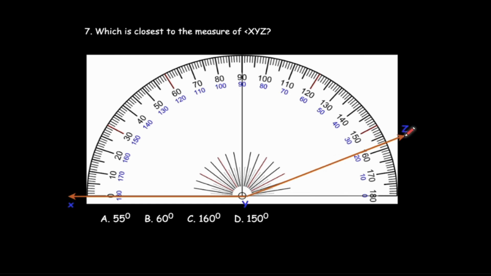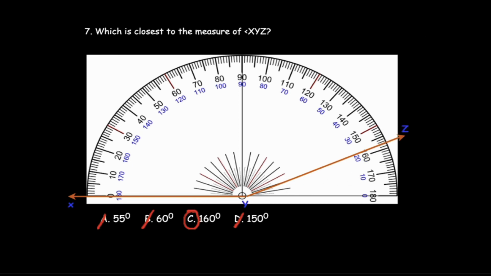So if you take a look, you can immediately eliminate answer choices A and B. All right, and you can see that this measurement is right in between 155 degrees and 160 degrees, so about 158 degrees. So we can eliminate answer choice D. And the correct answer here is answer choice C, because this is about 158 degrees.